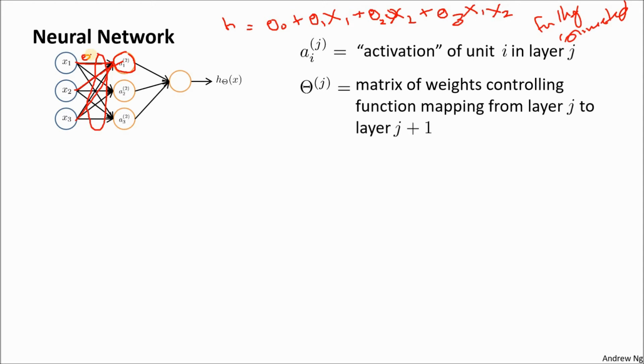Because this is a1, for x1 we will call the weight the one coming from 1 to 1. The next one is coming from 2 to 1, and this will be theta 3 to 1. Similarly, the ones coming for the third node will be theta 1 3, 2 3, and 3 3.